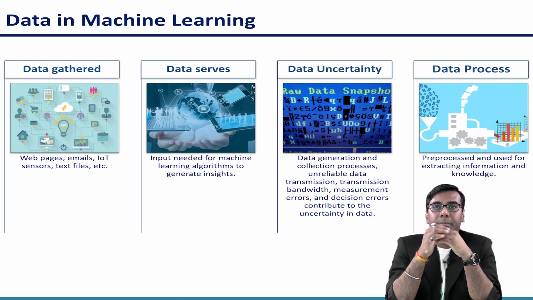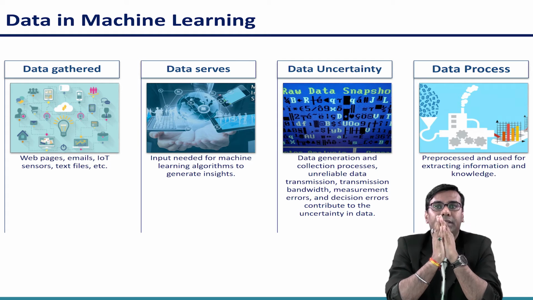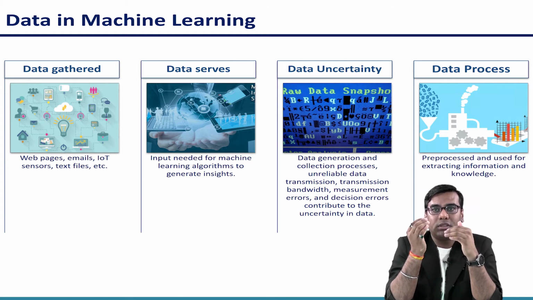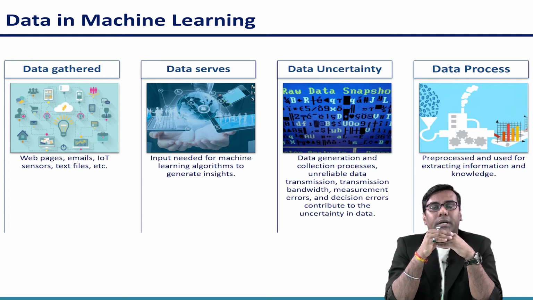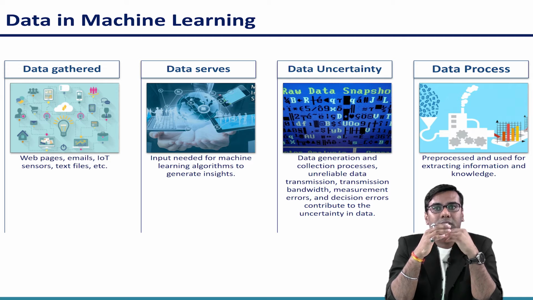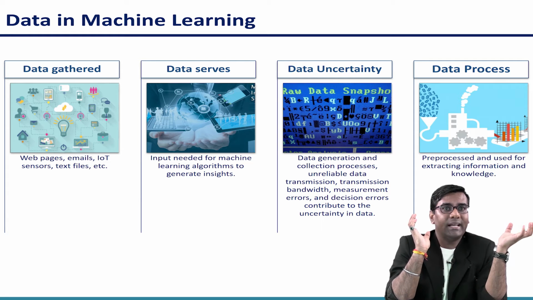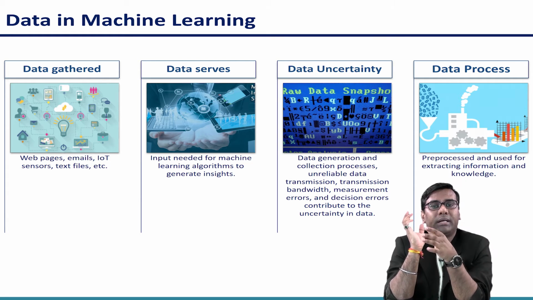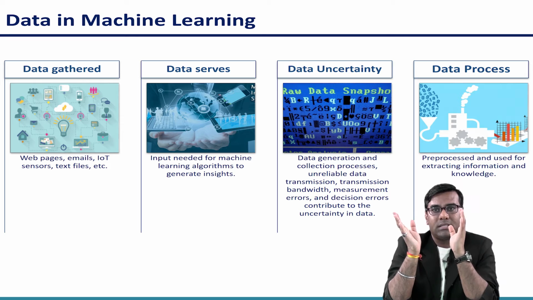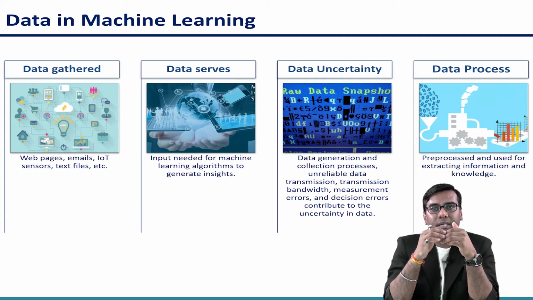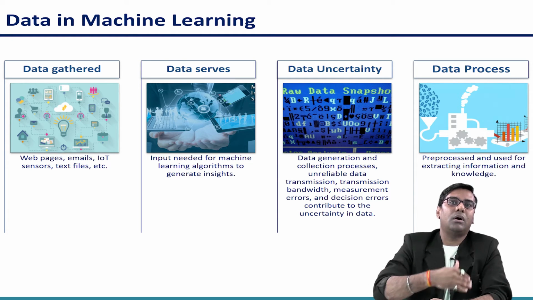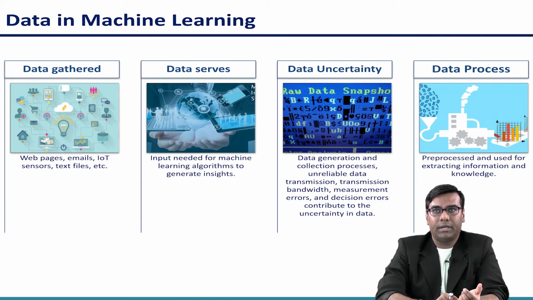Data uncertainty means that data generation, data collection process, unreliable data, transmission bandwidth, measurement errors, and decision errors contribute to the uncertainty in the data findings, because we have just gathered the data and we are providing the data, but our data has different styles, different things. So we have to do all those data cleaning things, finding the uncertainty in the data.